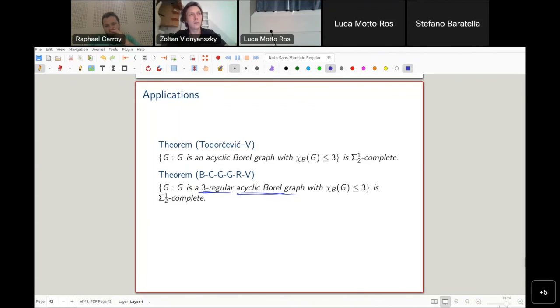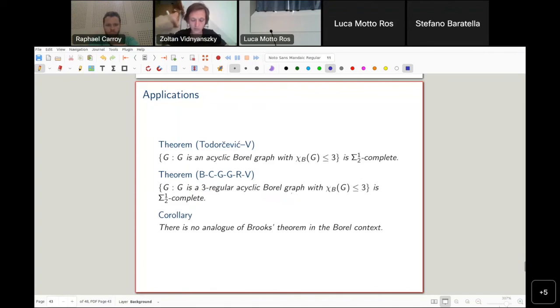And you can ask after Marks' result whether Marks' graphs are the only obstacle, that if you don't have a copy of Marks' graph inside your graph, then the chromatic number is going to be small. But this complexity result excludes that as well. So in a strong sense, there is no analog of Brooks' theorem. There is no simply describable obstacle.